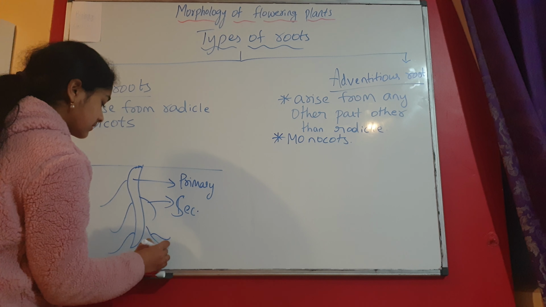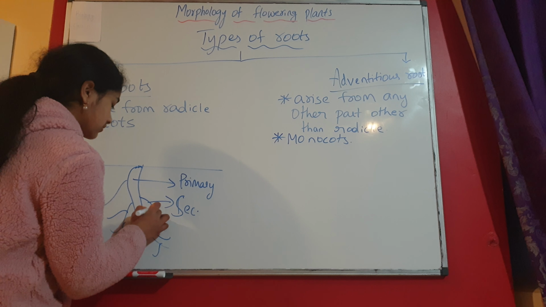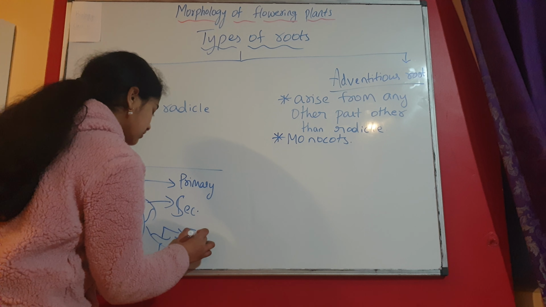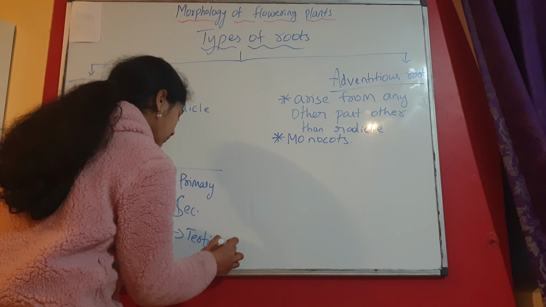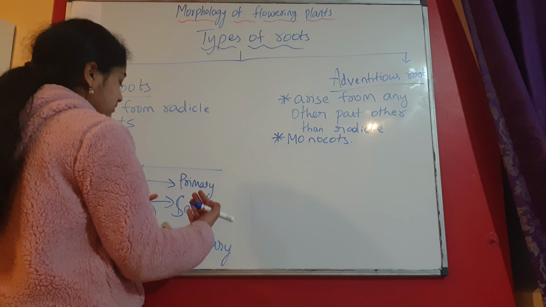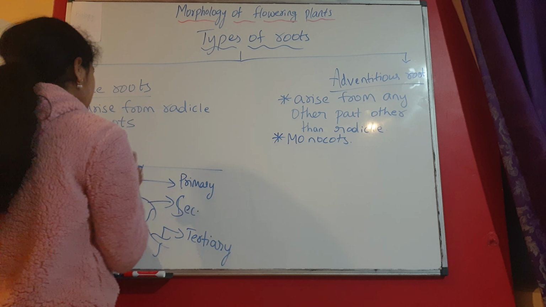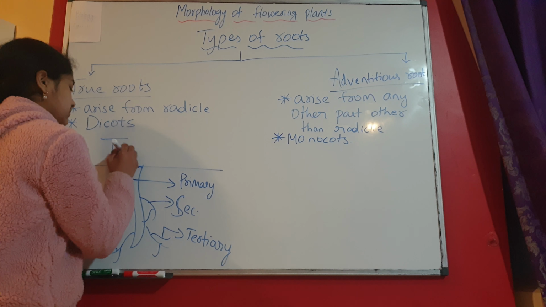The structures that divide again and again are known as tertiary roots. And the whole system, the primary roots, the secondary roots, and the tertiary roots, form a system called the taproot system.